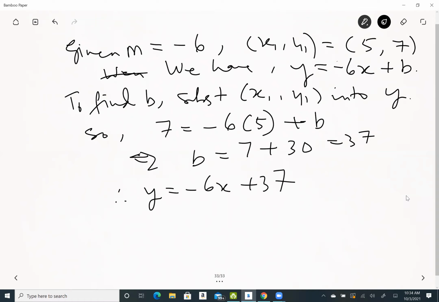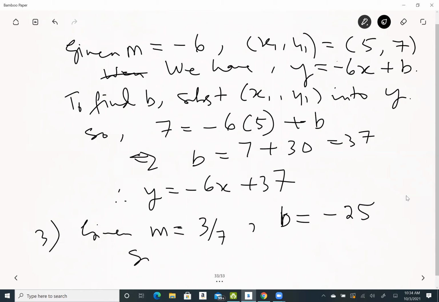Now the third possibility is very trivial because you are given the slope, say m equal to 3 over 7, and the value of b, say equal to negative 25.